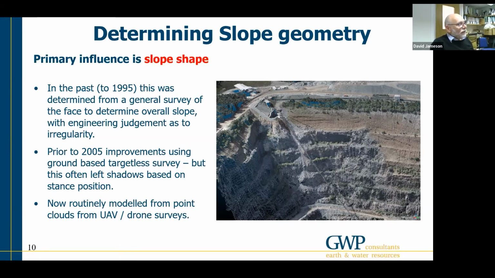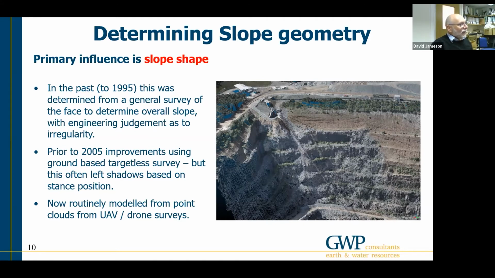However, you were often left with shadows relative to where you set up your scanning equipment, such that quite often you wouldn't be able to see beyond the crest of benches, and so you'd have a shadow at the bottom of your slope. Again, the engineer would have to make some assumptions about what the wavelength, trajectory, frequency and asperity height might be at the bottom of that slope.